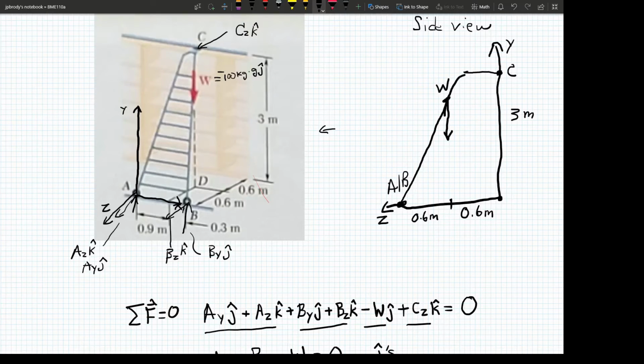Because of that, in the cross product, we don't need to know the R in the y direction. So I'm going to write down the R vector just to this point D and use that.